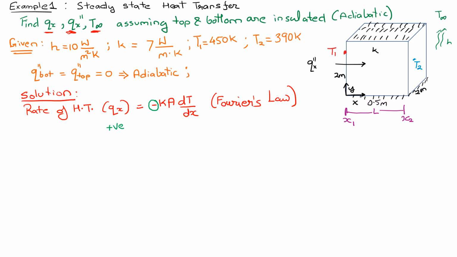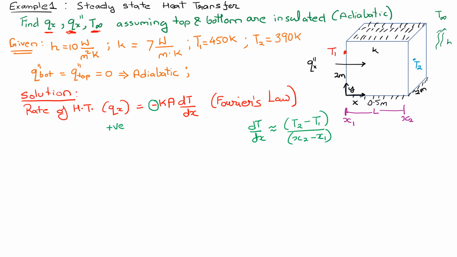Now let's look at dT by dx. Your dT by dx can be approximated as final minus initial, that is T2 minus T1 upon x2 minus x1.